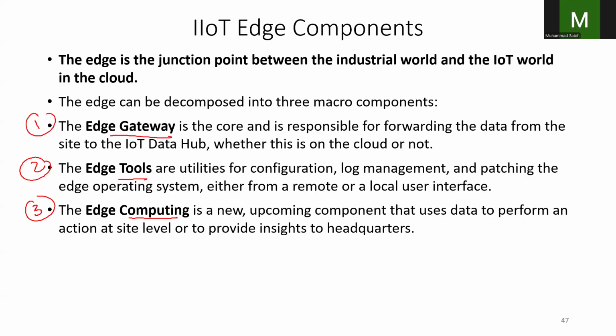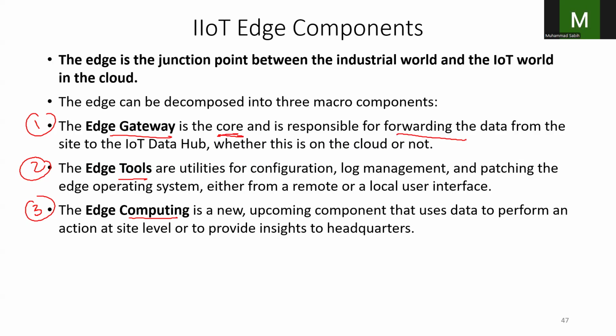The edge gateway is the core component responsible for forwarding the data from the industry floor to the cloud and premises. So it's essentially the main communication bridge.